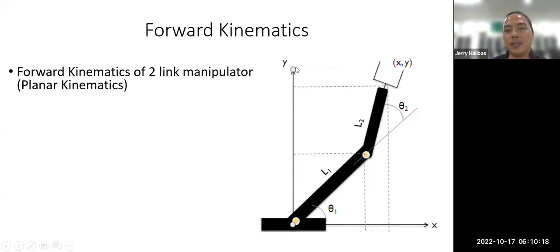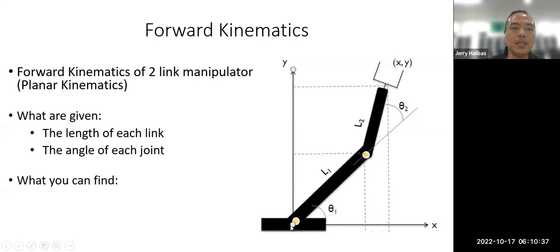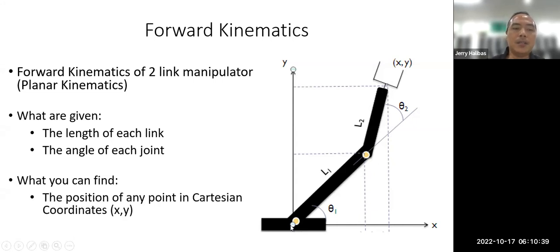This surface is the XY axis. Okay? So, planar kinematics. What is given? Of course, the length of each link is given. Then the angle of each joint is defined.